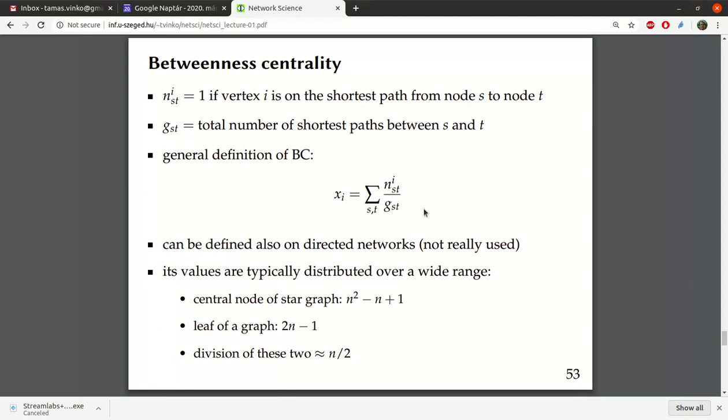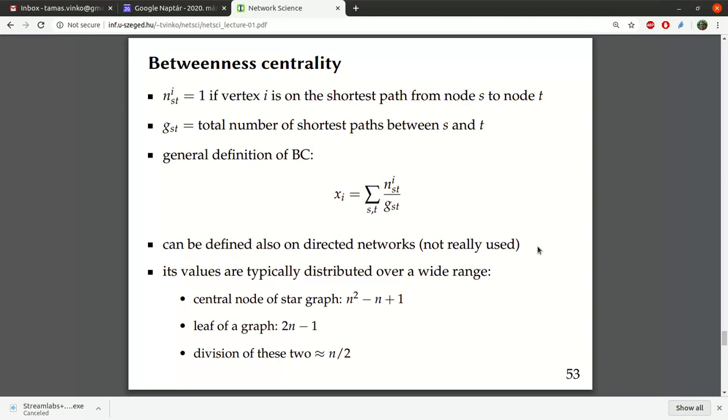Now, of course, this could be 1 if node I appears in all the shortest paths, but usually it is smaller than 1. It can't be larger than 1, of course. And we are summing this up for all nodes S and T, and this is going to be the definition of the betweenness centrality for node I. It can be defined for directed networks as well.